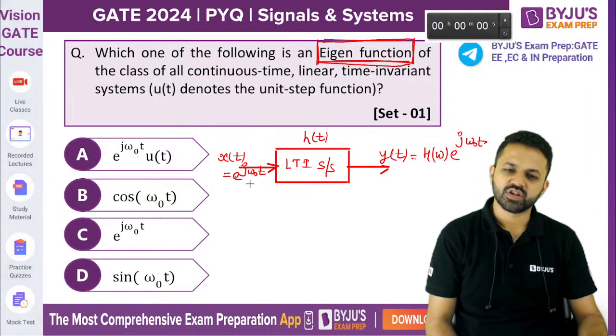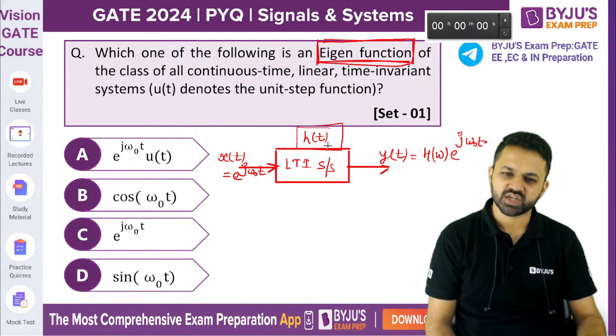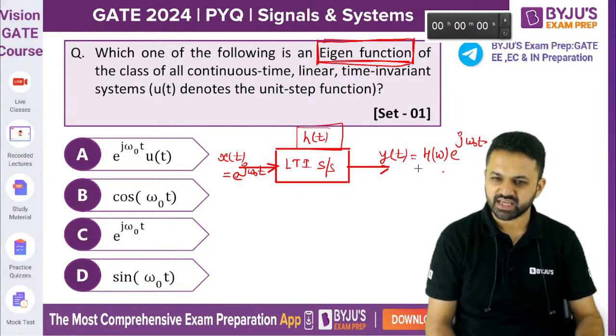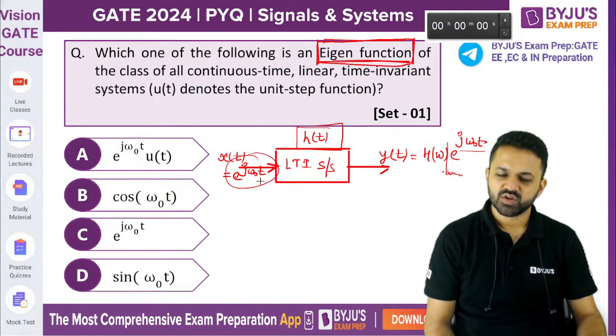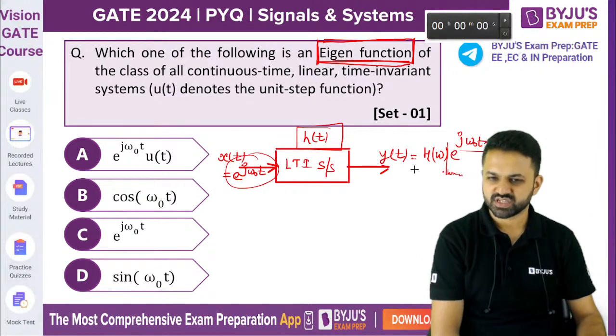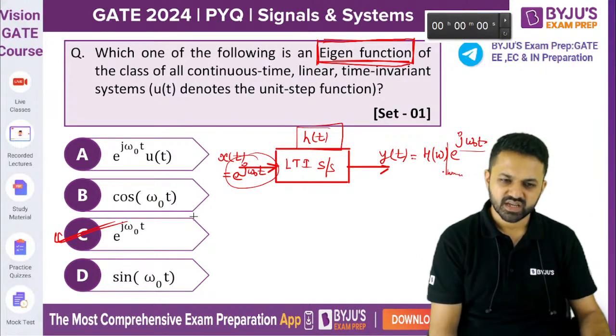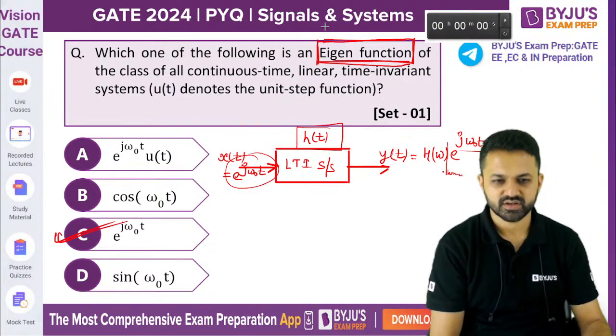If the input is also exponential, then for an LTI system we can just calculate the output by calculating the h of omega at that particular frequency, omega equal to omega naught. You just need to multiply with the input after calculating the Fourier transform or the transfer function at omega equal to omega naught. So the answer is e to the power plus j omega naught.